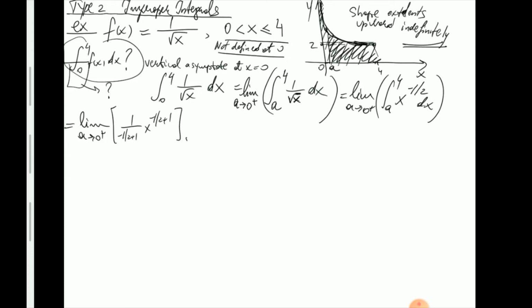This will be between a and 4. So let's simplify it a little bit. Minus 1/2 plus 1 is 1/2, and then 2 in front of it: 2x to the 1/2 between a and 4.